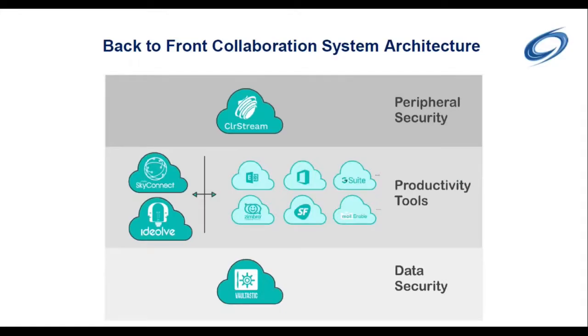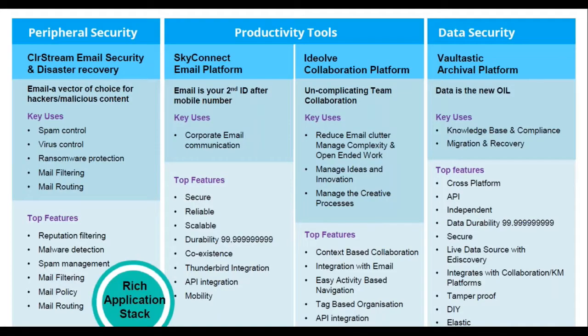Now, this slide explains how the entire collaboration infrastructure is designed. The next slide will be more clear. At the periphery, like I said before, we are managing the security part, where we are controlling the spam, virus, ransomware, and all those things.